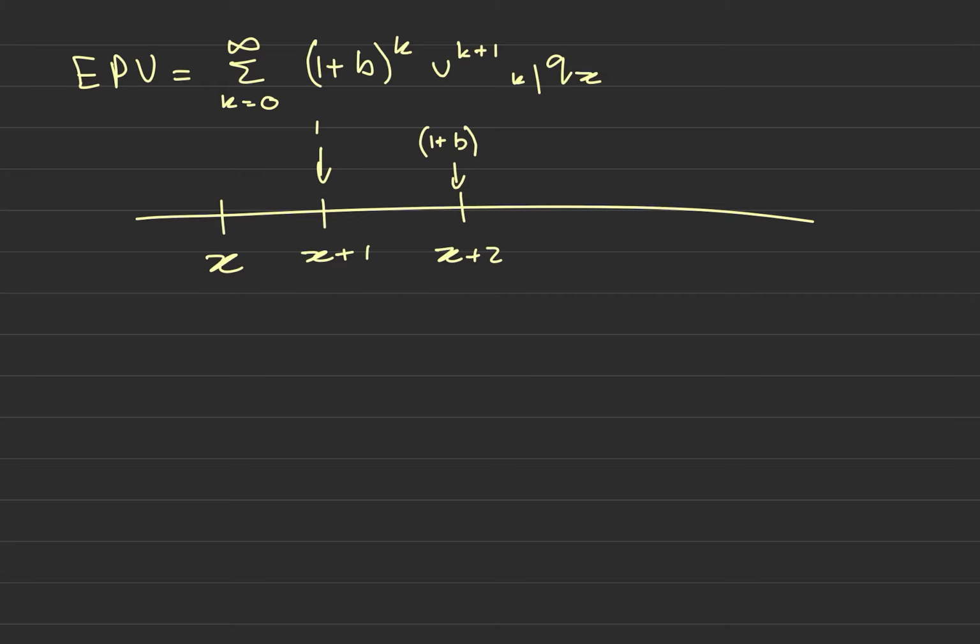And that must be discounted by v to the 1 plus 1, 2 periods. And then this is a probability 1 deferred qx, which just means the probability that the life survives 1 year, and then the life aged x plus 1 must die in the next year, so in this year. Okay, and that goes on until infinity.